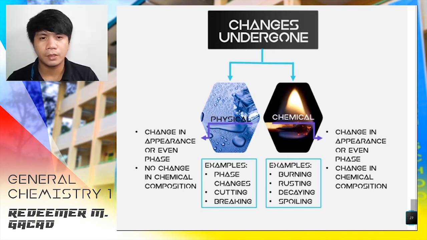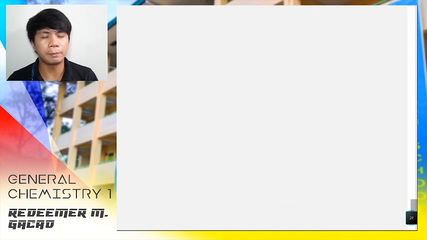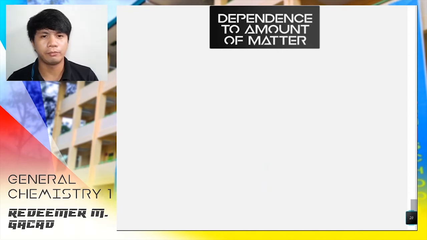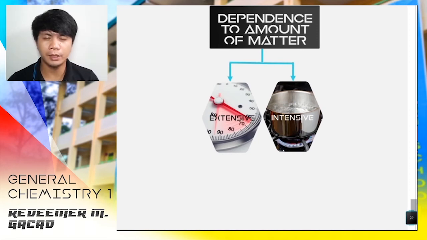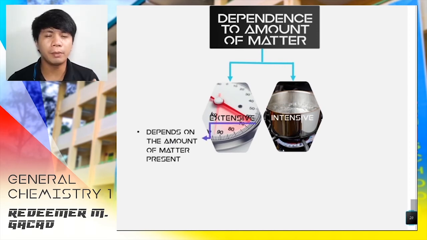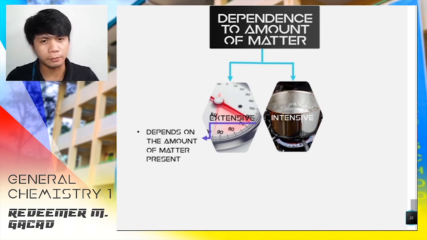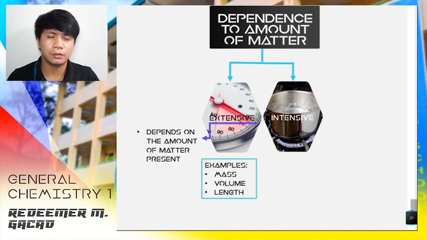Okay? Next one. Pag-usapan naman natin yung dependence on the amount of matter. So, it can be intensive or extensive. Pag sinabi natin extensive, ito yung nakadepende sa kung gaano karaming matter yung laman ng object. Okay? Examples nito are mass, volume, length.